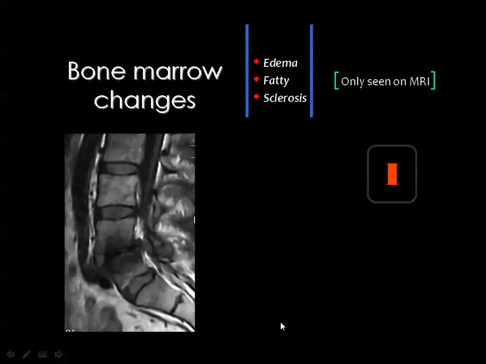Then we came to the third issue, which is the bone marrow abnormalities, and we have 3 types of bone marrow abnormalities: bone marrow edema, bone marrow fatty degeneration, and bone sclerosis.